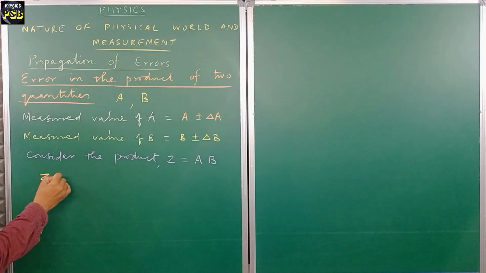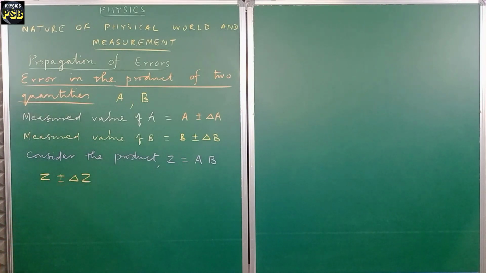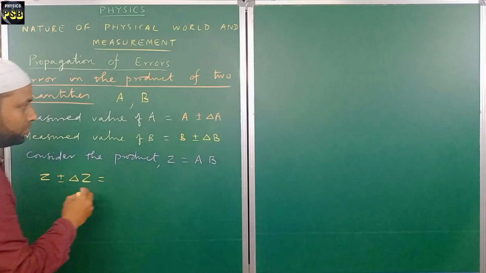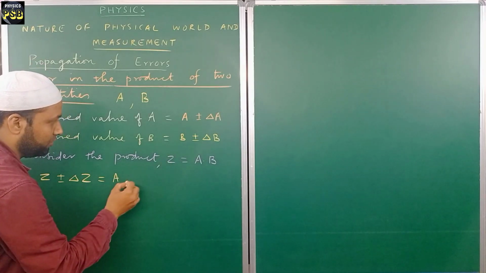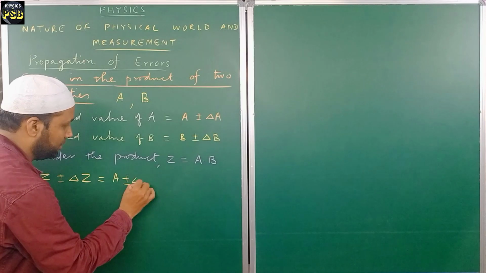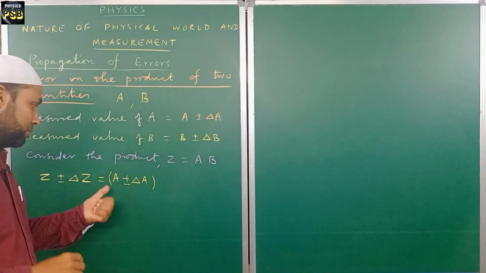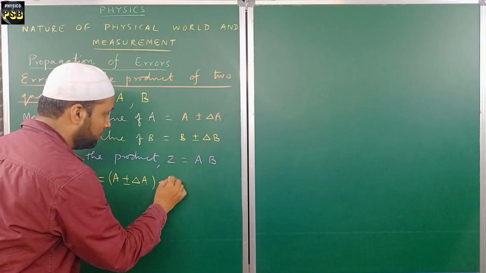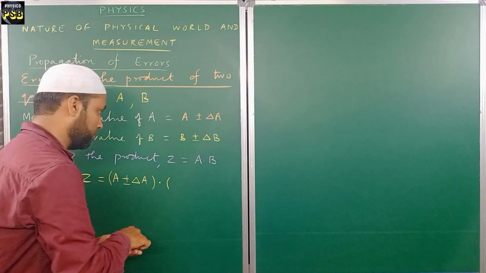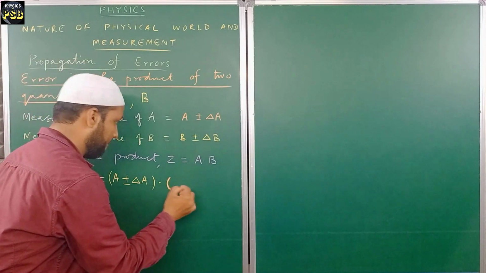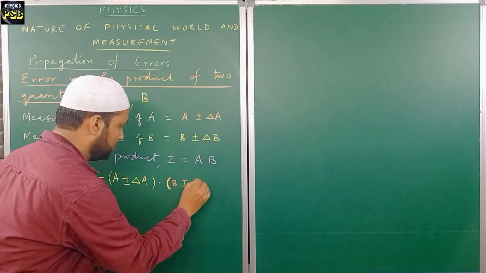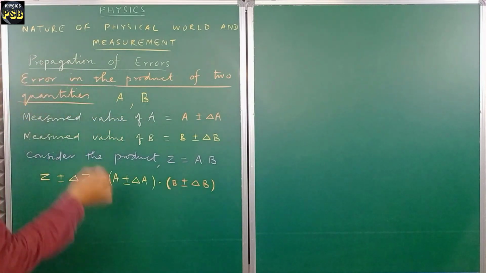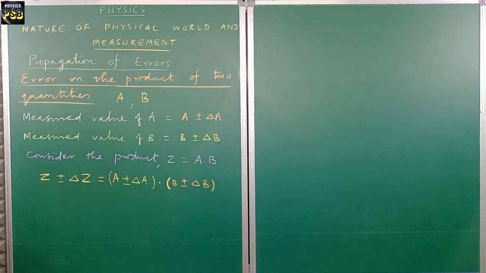So I start with Z: Z plus or minus delta Z. Here delta Z is the absolute error in the measurement of Z. Similarly, in the place of A, I write A plus or minus delta A, where delta A is the absolute error in the measurement of the quantity A, multiplied with this, B plus or minus delta B. Fine. Now, look carefully at what I do.